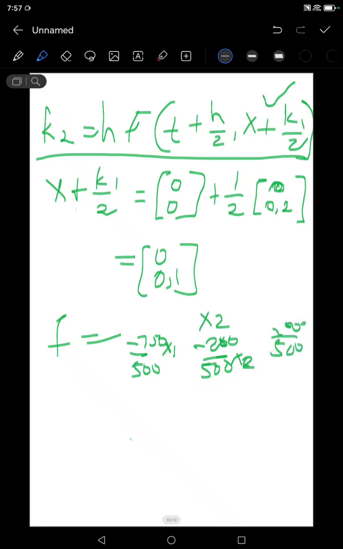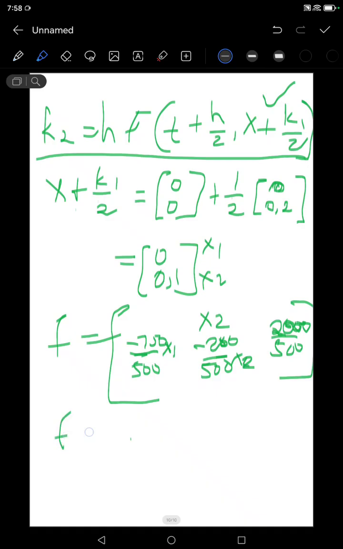Okay, like this. We have this. So now this one is x1 and this one is x2. To determine the f, wherever there's x1 we substitute 0, and wherever there's x2 we substitute 0.1.